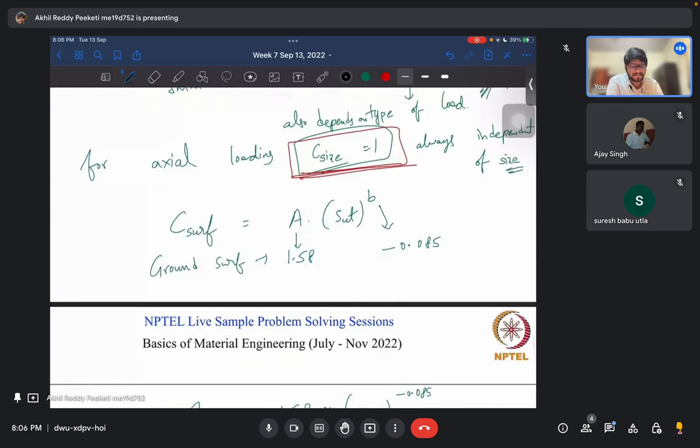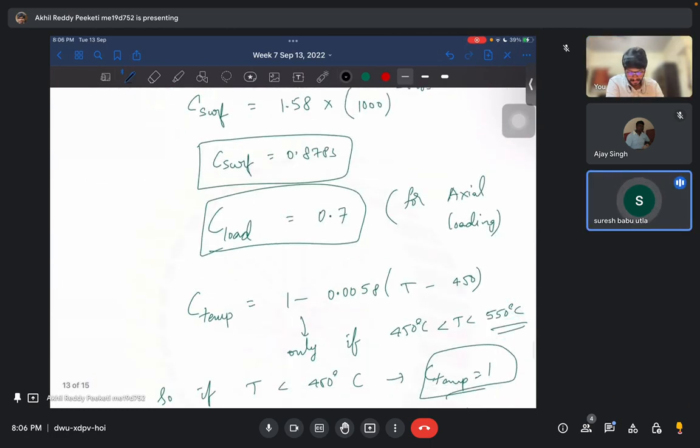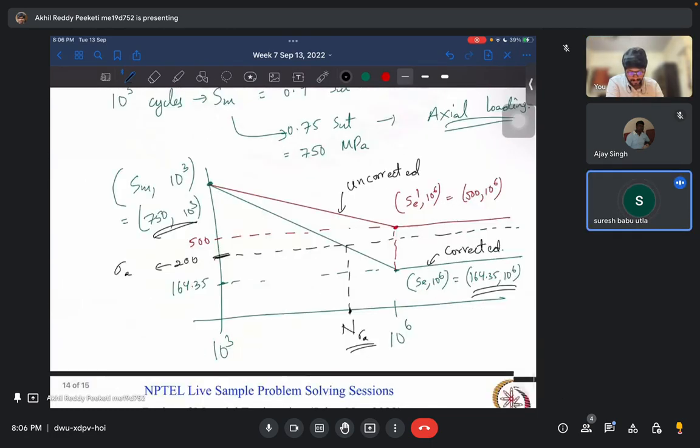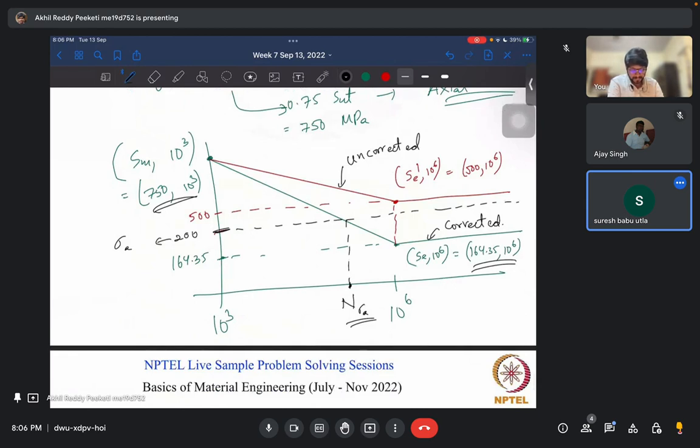Suresh and Ajay? In the NPTEL you would also find some extra documents with questions where they have done similar problems. So you can get some more information from there also.